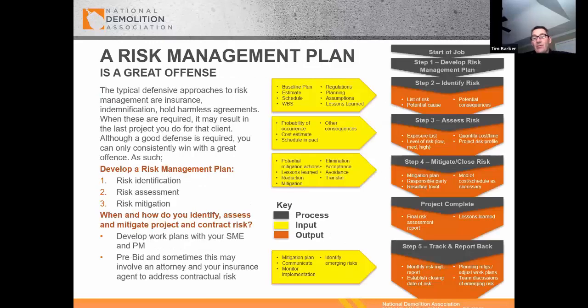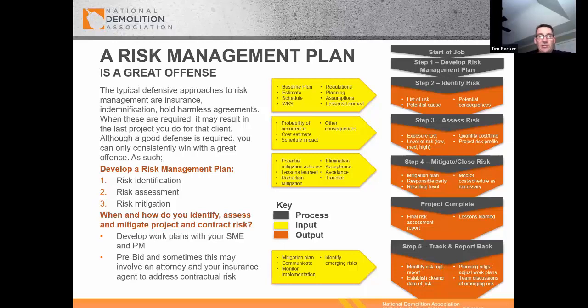So in order to pursue projects and understand what your risks are, it's great to have a risk management plan. Now, I'm not going to talk about this too much because we have a whole other course for this, but this is different than an action item, things that you need to make sure that you've covered, like an estimate, for example. A risk management plan is a great offense.